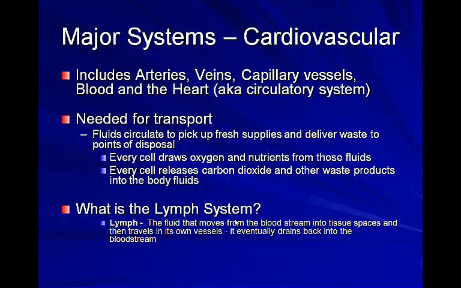You don't always have lymph fluid within the lymph vessels. Lymph is essentially circulating fluid that gets pushed from the bloodstream into tissue spaces and then eventually gets picked up by lymph vessels and drained back into the bloodstream, dumped back into the venous system and recirculated through what we think of as just our basic circulatory system.